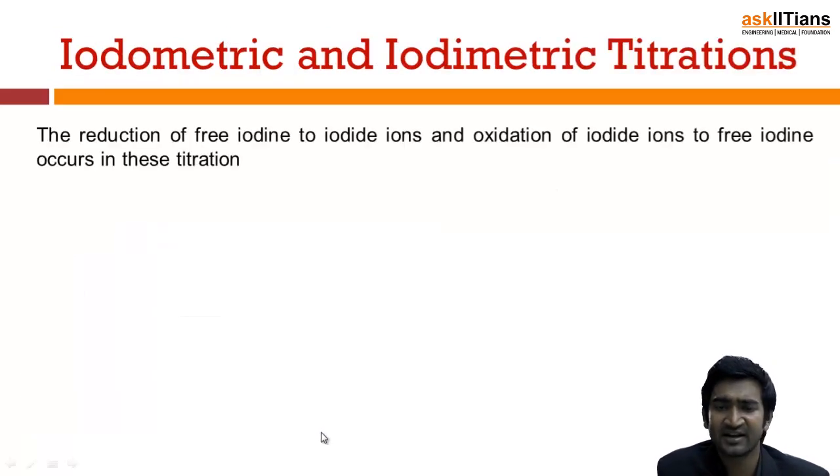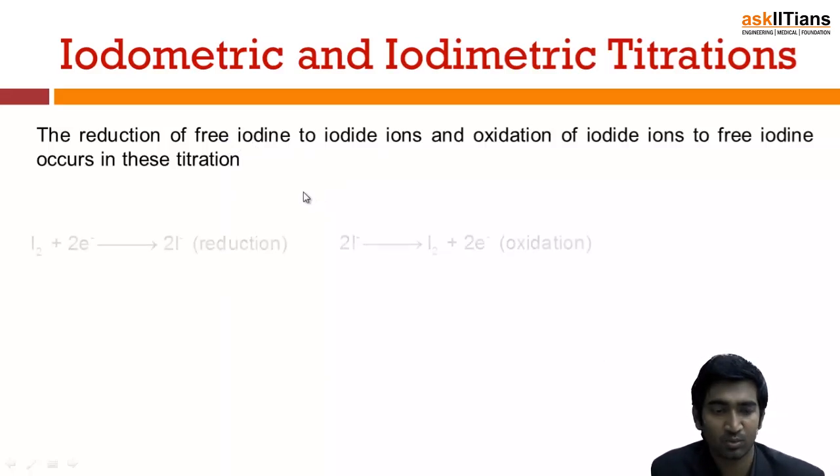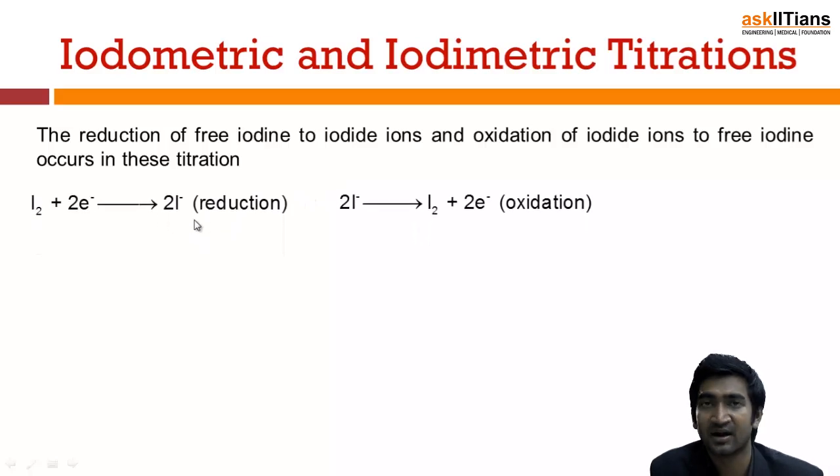Next is iodometric and iodimetric titration. These involve reduction of free iodine to iodide ions and oxidation of iodide ions to free iodine. This is your reduction part, which is iodimetric, and this is the reverse reaction, 2I minus going to I2, which is oxidation with respect to iodine.